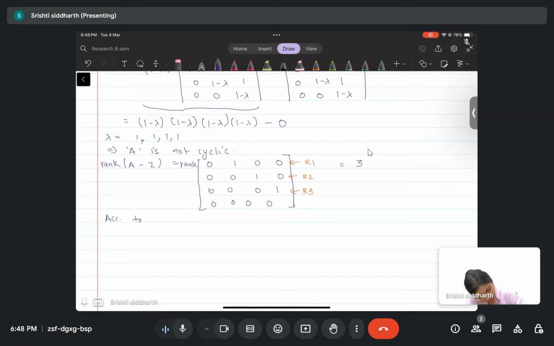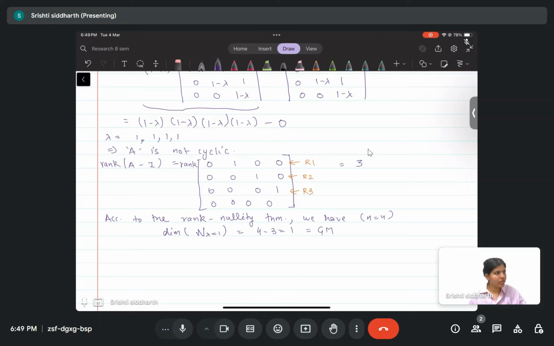Therefore, according to the rank nullity theorem, n is 4 here. Therefore, the dimension of the null space for lambda equals 1 is 4 minus 3, which is 1. Therefore, the geometric multiplicity is 1.